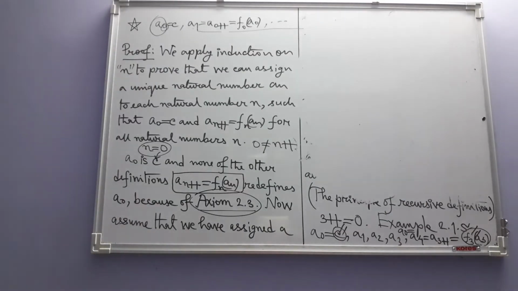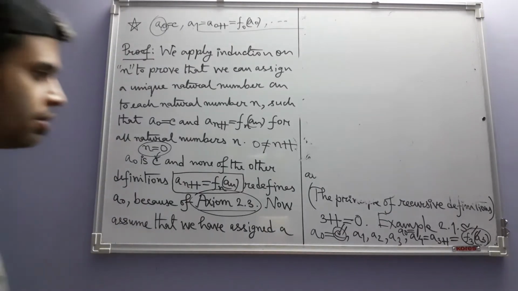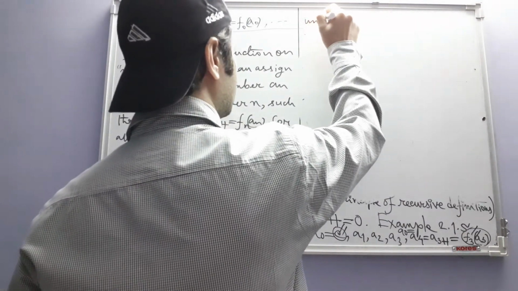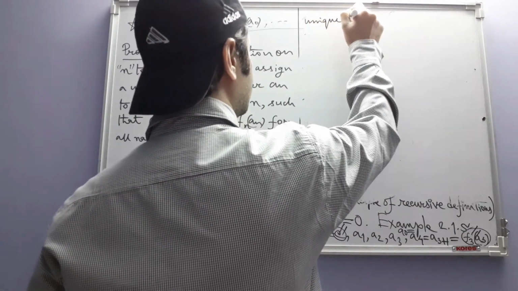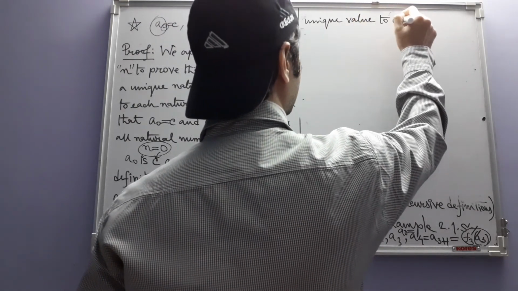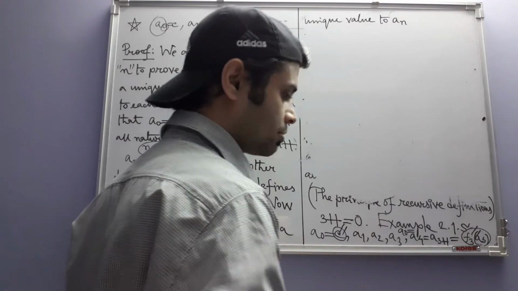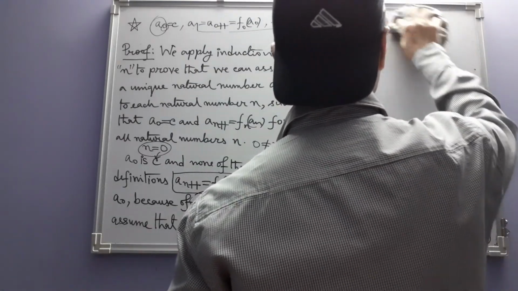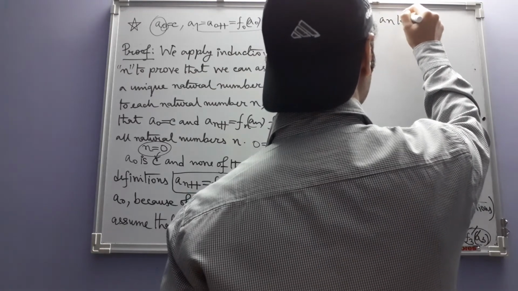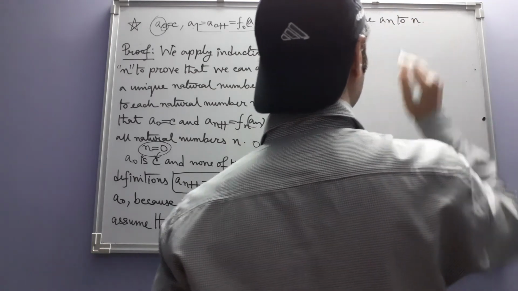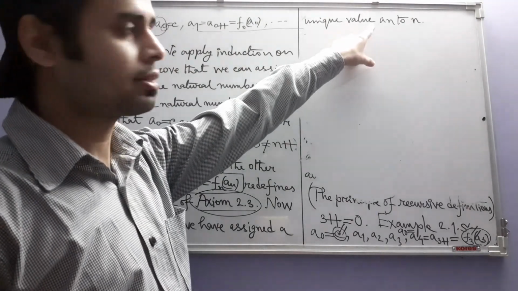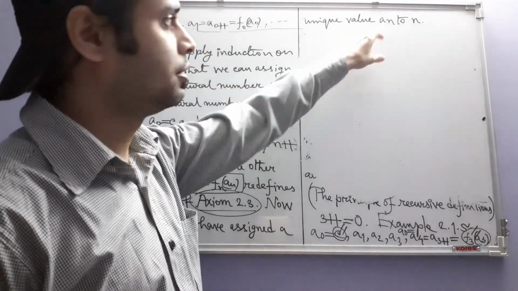Assume that we have assigned a unique value a_n to n. Okay, I have written value here, but you understand this is a natural number, right?